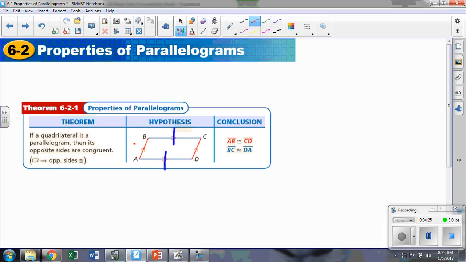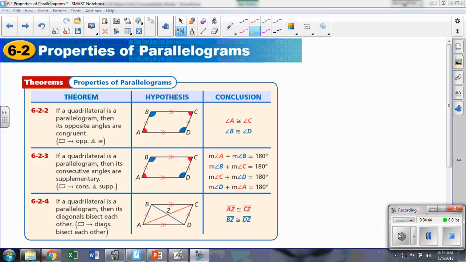The left and right hand side are not just parallel, they are also the same length. Collectively, this fact we'll refer to by its symbolic logic. A parallelogram implies opposite sides are congruent. The other 3 facts that you're expected to know, so the final 3 out of the 4, are posted right here.